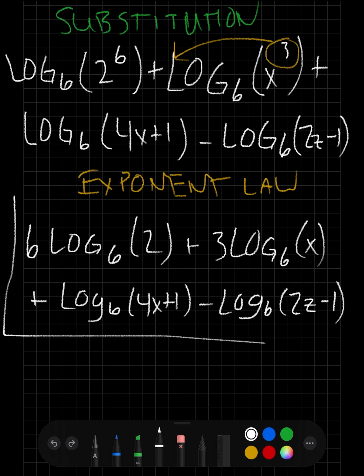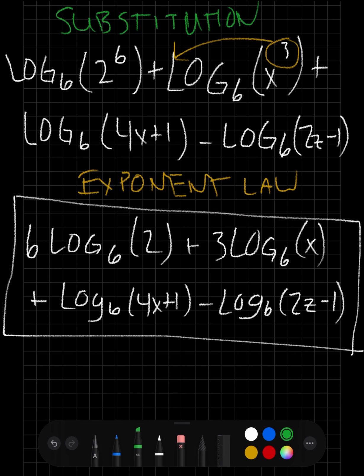I claim this is our final answer, but let's go through each term and make sure there's nothing else we could expand. In my first 2 terms, I just have a single argument, so I feel fairly confident there's nothing else I could simplify. But a common question students ask is, can I simplify this at all? Can I do anything with this?